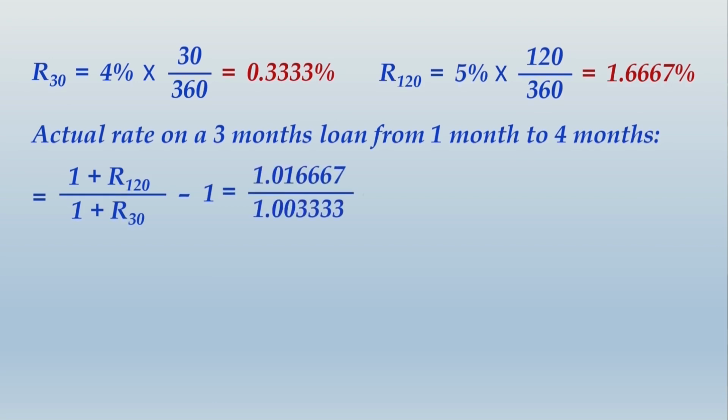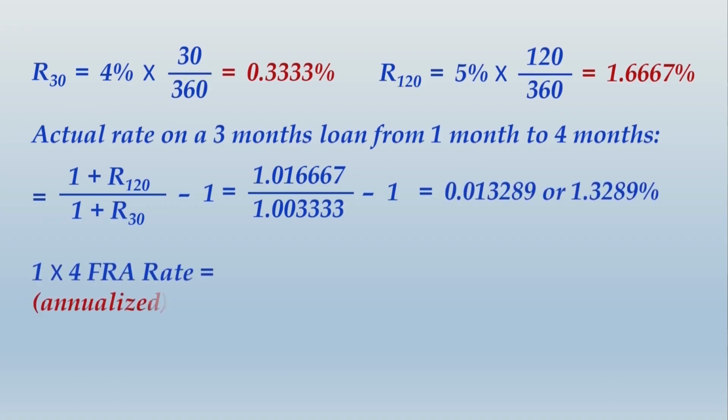So when you do that calculation, you'll be getting the periodic rate, and then when you go for annualization, you multiply 12 by 3 or 360 by 90. Both will not make any difference because you are dealing with short term rates which are applicable in money market.